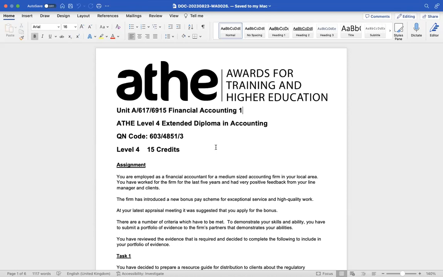In session two, we learned how to prepare financial statements for different types of businesses. We distinguished between different financial statements such as the balance sheet, income statement, cash flow statement, statement of shareholders' equity, and profit and loss statement.